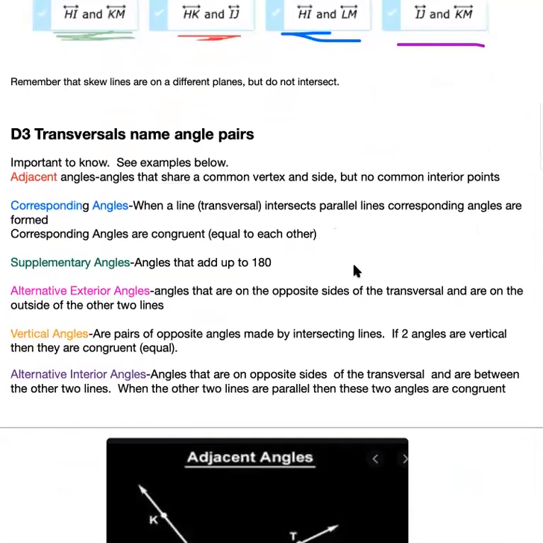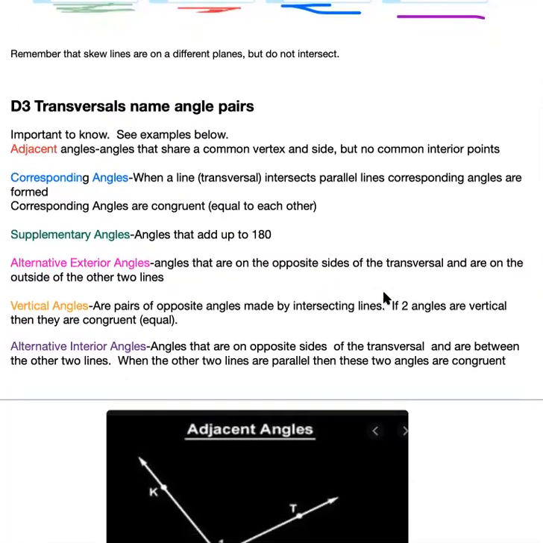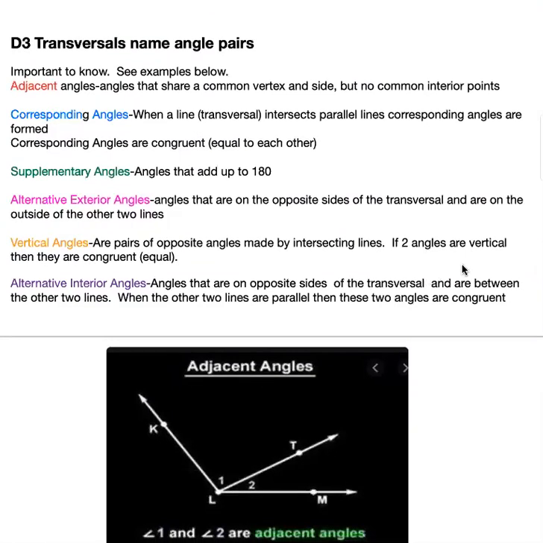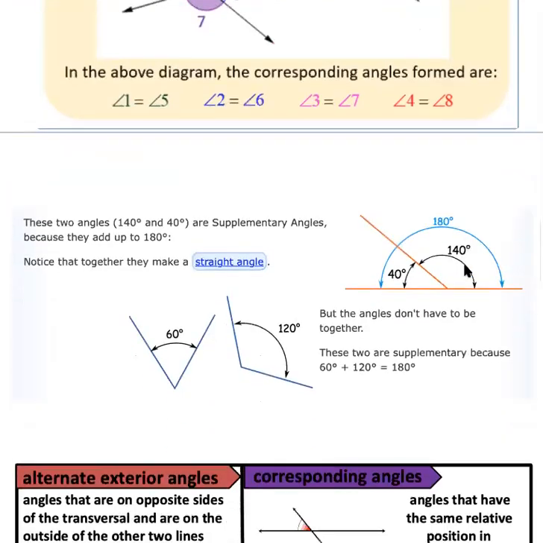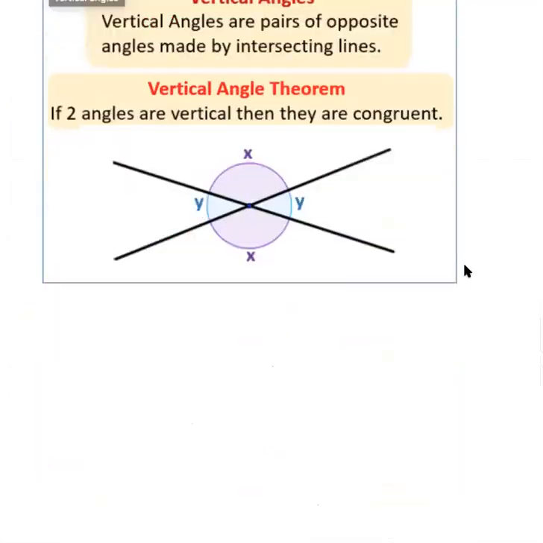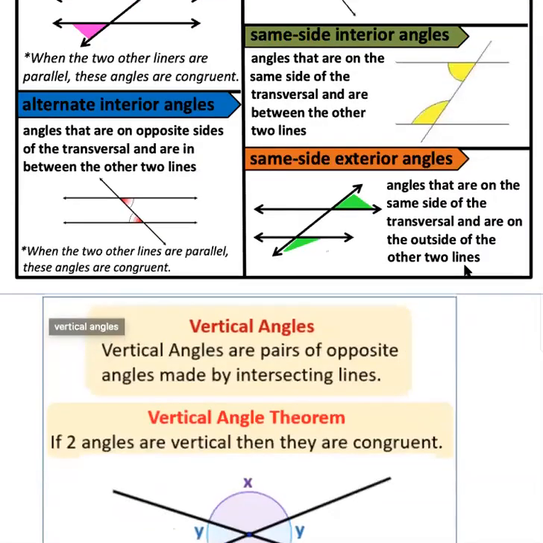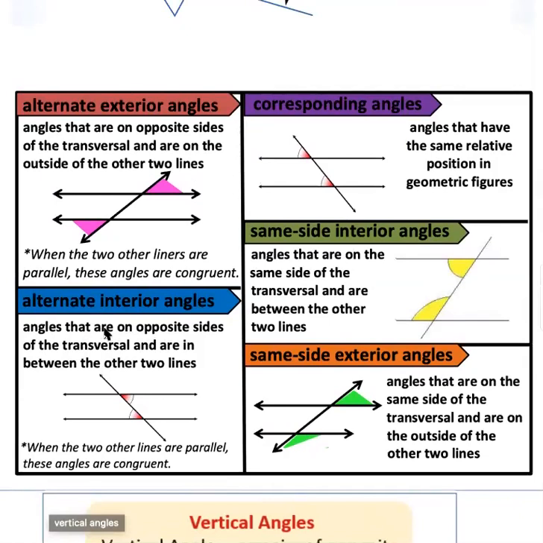All right, alternate interior angles: angles that are on opposite sides of the transversal and are between the other two lines. When the other two lines are parallel, then these two angles are congruent. So let's see an example here. Alternate interior angles here are angles on opposite sides of the transversal and between the other two lines.